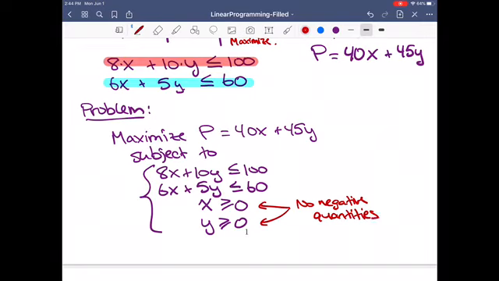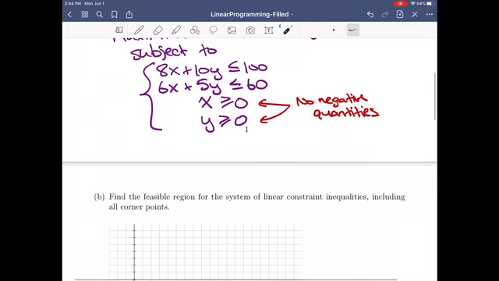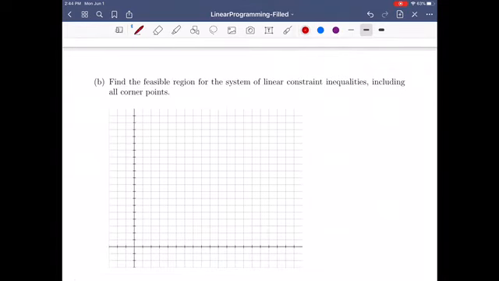So now we just want to solve this system. What we want to do first is to find the feasible set for this system of linear inequalities. Okay, so the first thing we want to do is find our solution set, or our feasible set. So I'm going to start with the easy ones.